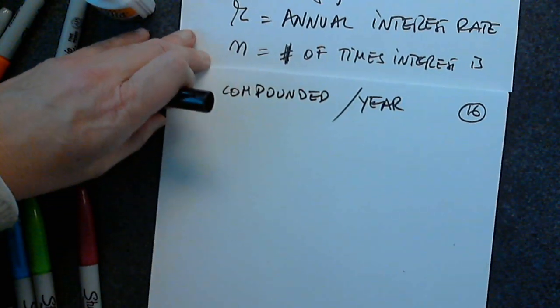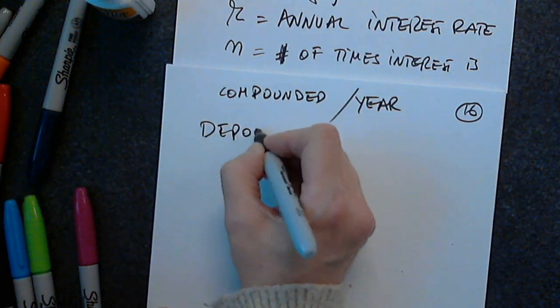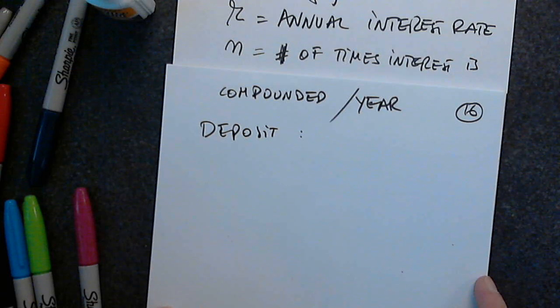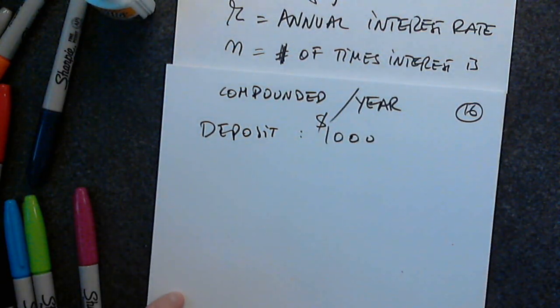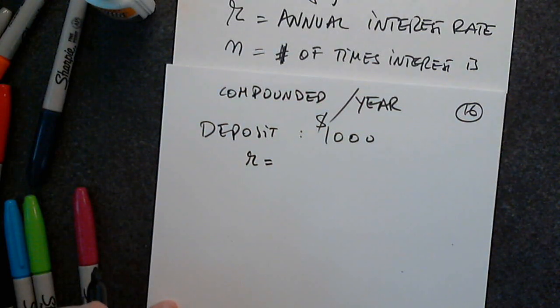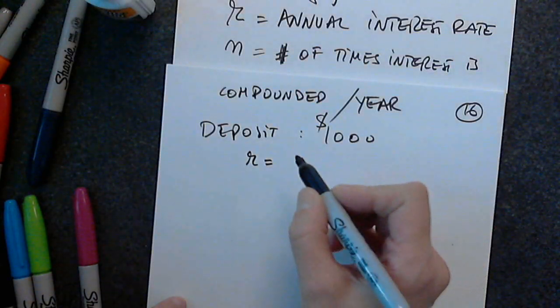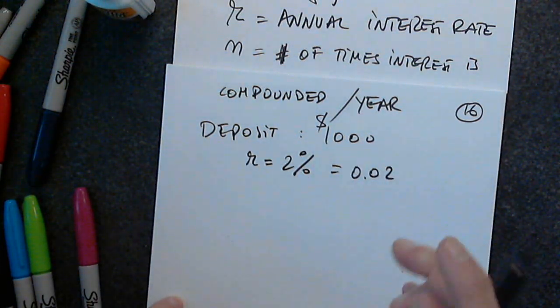Okay, so let's have a scenario. Let's say we deposit how much money we would like to deposit. $1,000 into an account with an annual interest rate. What interest rate would you like? Well, what is available right now? It's possibly 2%. So let's say 2%. We cannot use 2%. It has to be changed into a decimal.